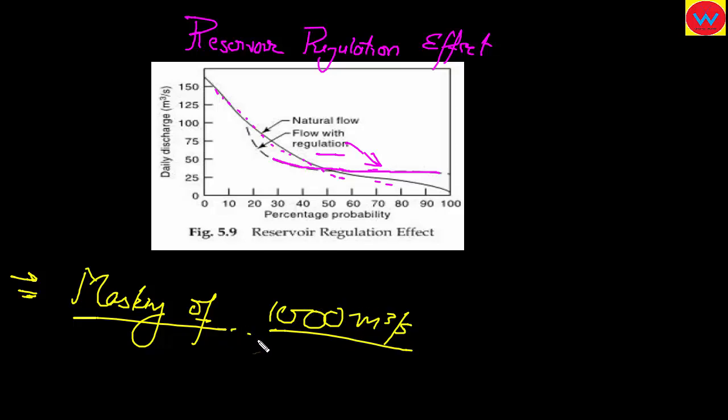That means it does not take into consideration when the flow has taken place; you will get the same probability even in, say, monsoon season or in January. There is no way to tell for what time of year this percentage probability is valid. So this is a handicap, or drawback, of the discharge frequency curve or flow duration curve.